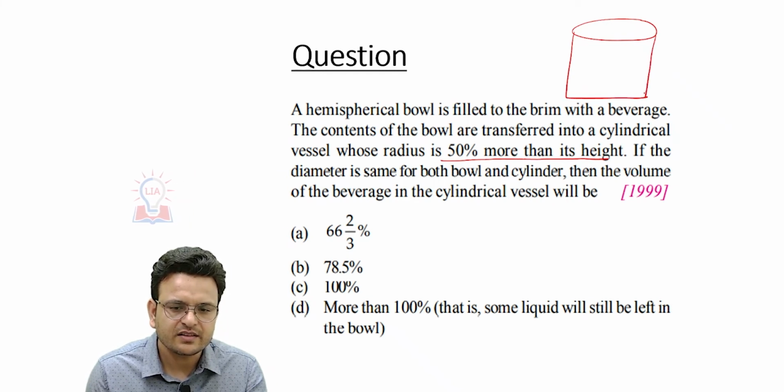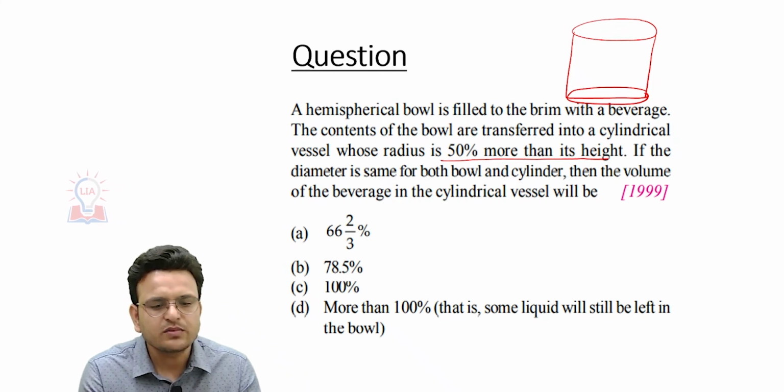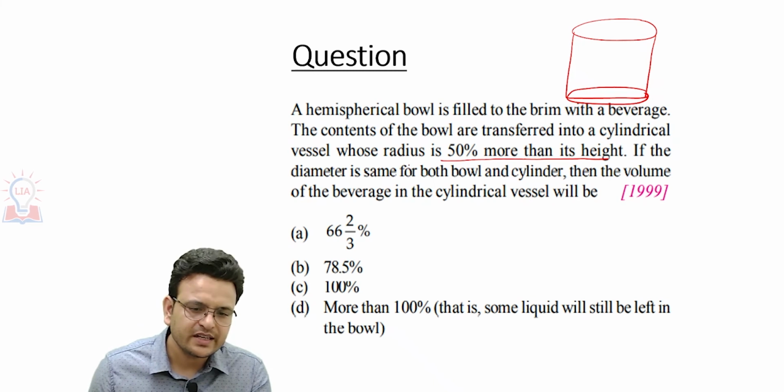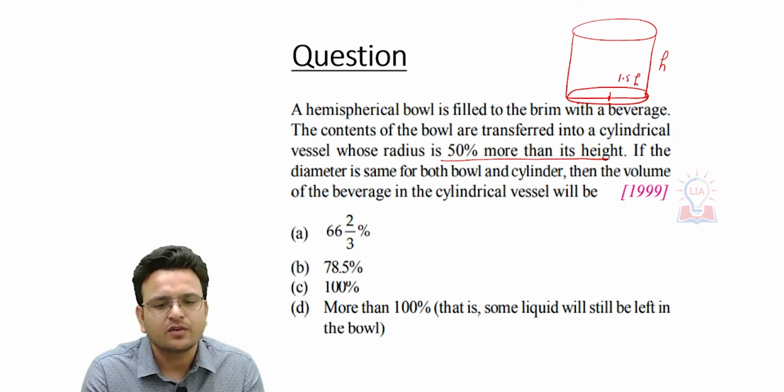If height is h, then radius will be 1.5 h of the cylinder.